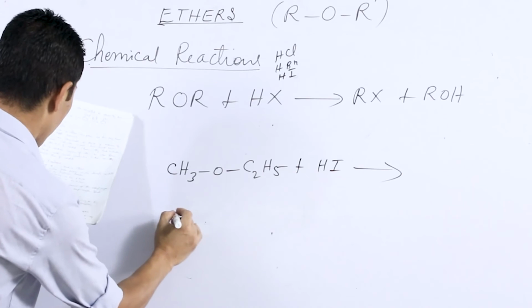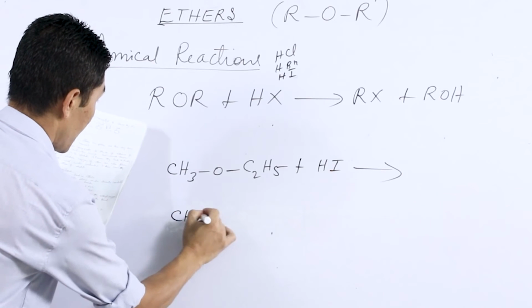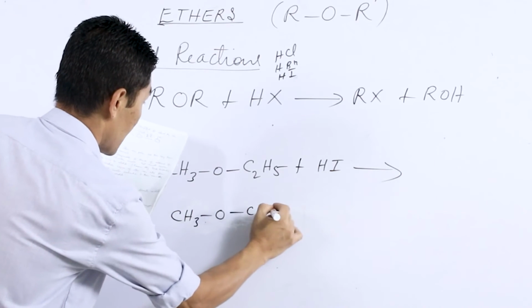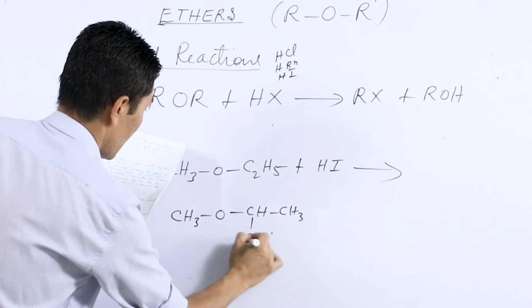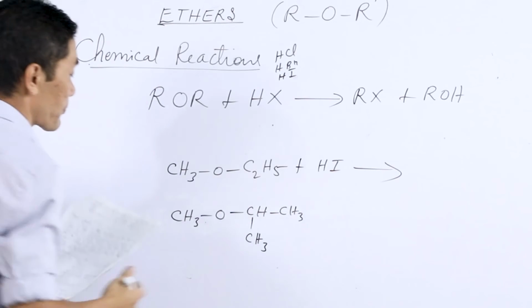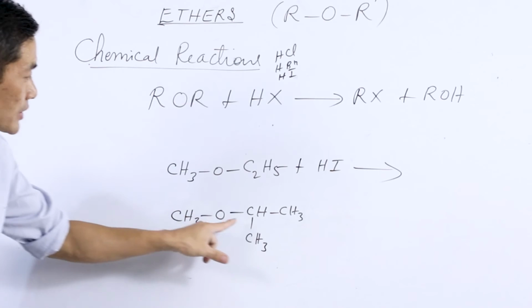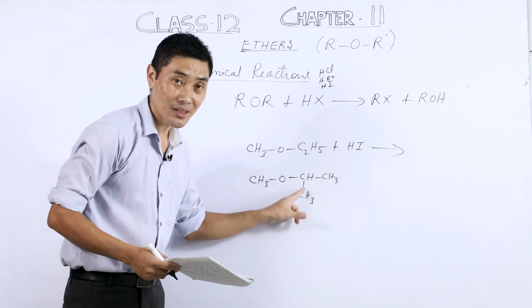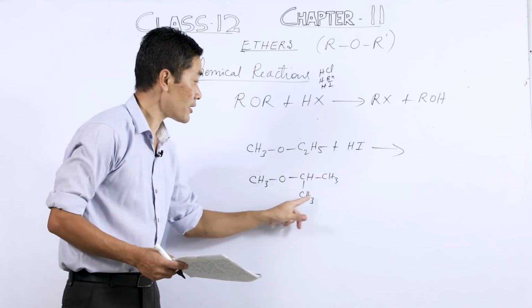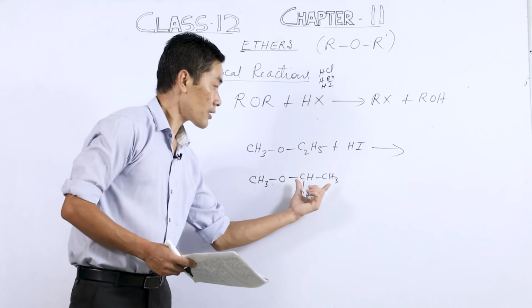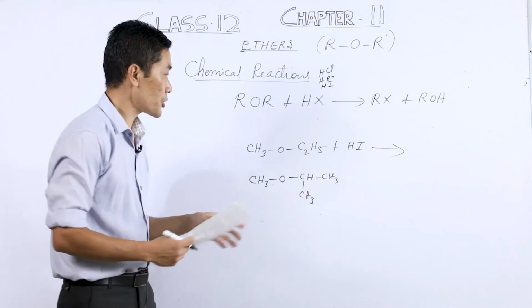In the next one, we have CH3O, then CH(CH3)CH3. This is primary, but this is secondary. So in this one, we have a secondary alkyl group attached to the ether group.